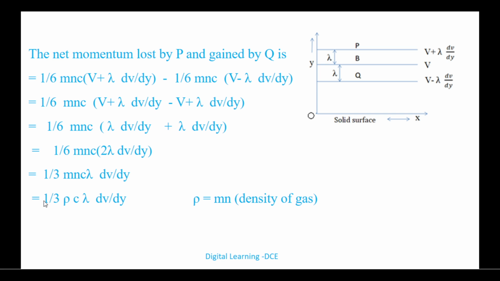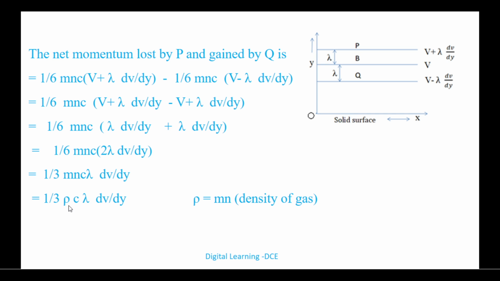Finally, we get the net momentum lost by the molecules of the layer P, or net momentum gained by the molecules of the layer Q, is equal to 1/3 rho C lambda dV/dy.